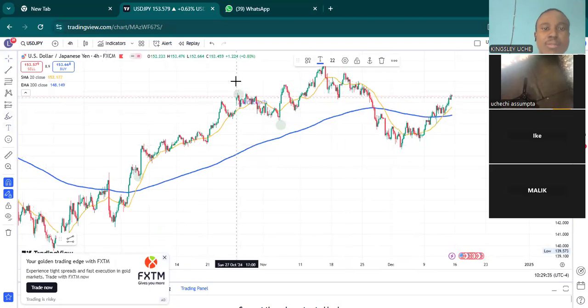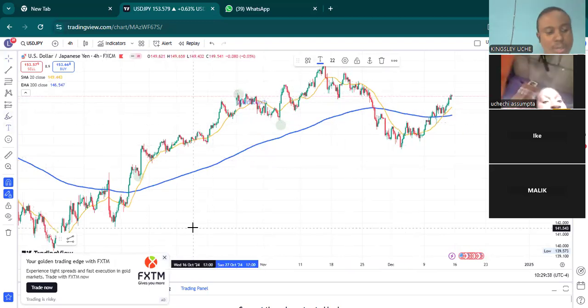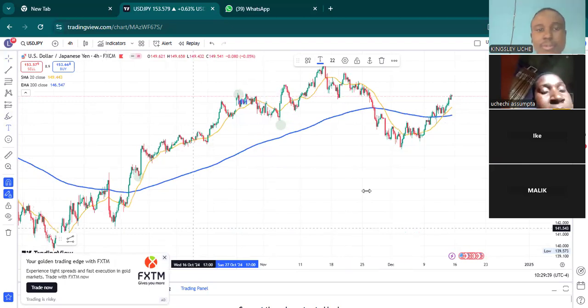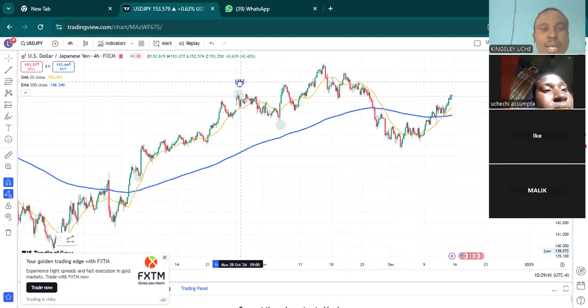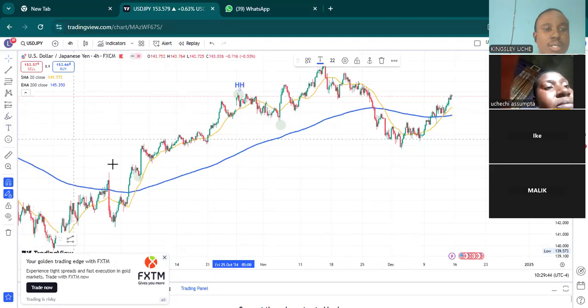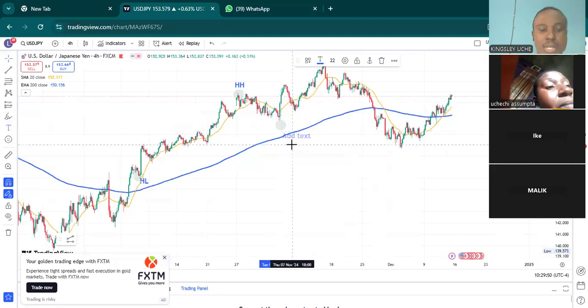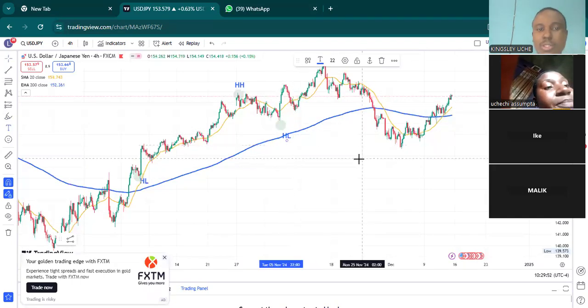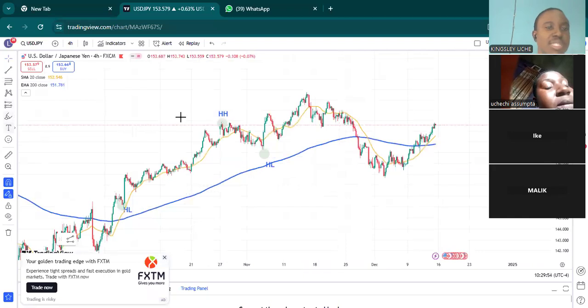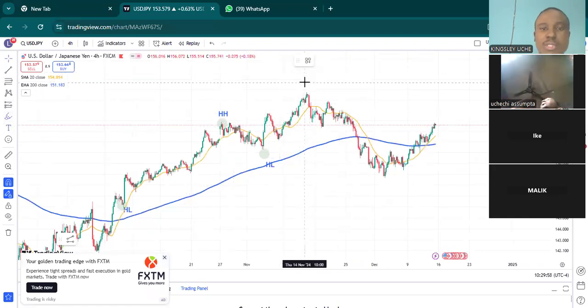This is our higher high, right? Higher high, higher low, higher low too. Just a moment. Let me put this in so we can really understand properly.